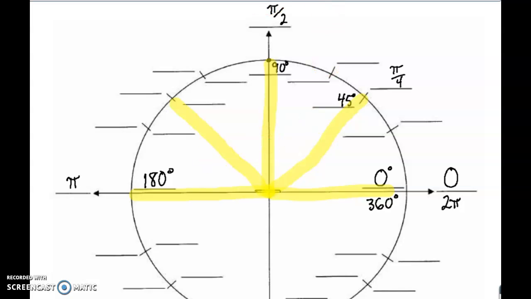And I'm going to assume that you're probably familiar that pi over 4 plus another pi over 4 is equal to 2 pi over 4, which would give us pi over 2 if you reduce that.